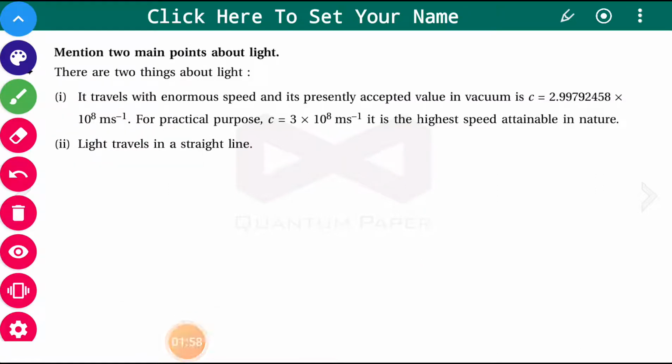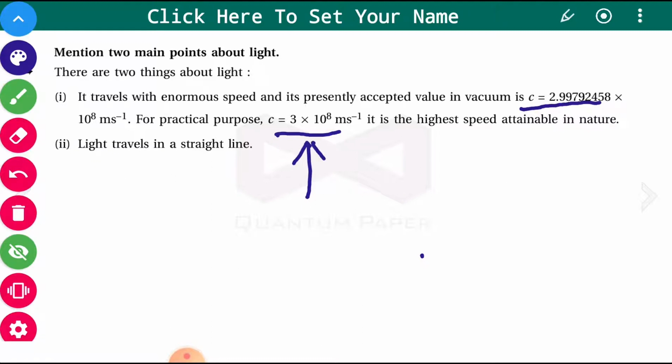Now there are two things about light. First is the speed of light in vacuum, and that you know very well. It is about 3 into 10 raised to 8 meter per second. As you can see, its exact value is 2.99, but approximately it is taken to be 3 into 10 raised to 8 meter per second.